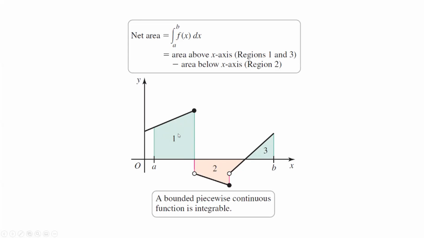So actually you would just compute the areas of regions 1 and 2 and 3. And so you would add the areas of regions 1 and 3 and then subtract the area of region 2. And that would be how you would compute the net area under this curve or in this integral.